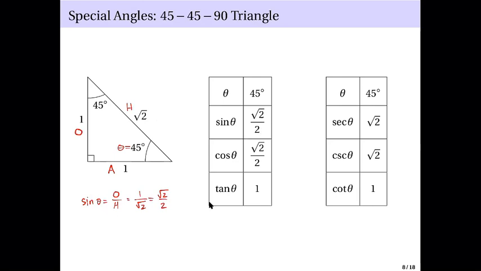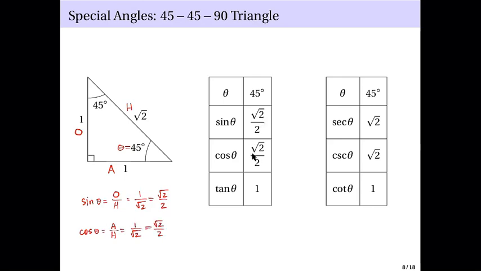For cosine theta, this is adjacent over hypotenuse. Again, the adjacent side is 1, so you will have 1 over the hypotenuse, square root of 2. So this is square root of 2 over 2.